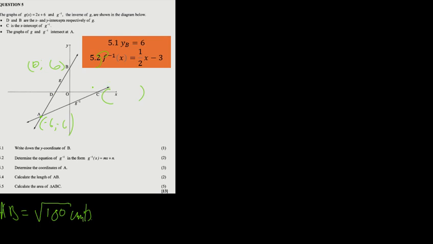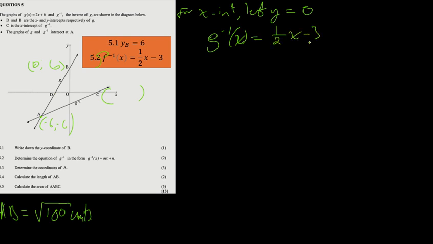C is the x-intercept. For the x-intercept, you let y be equal to 0. We need to check where this C lies. C lies on this function g inverse. So g inverse of x is equal to 1 over 2x minus 3.